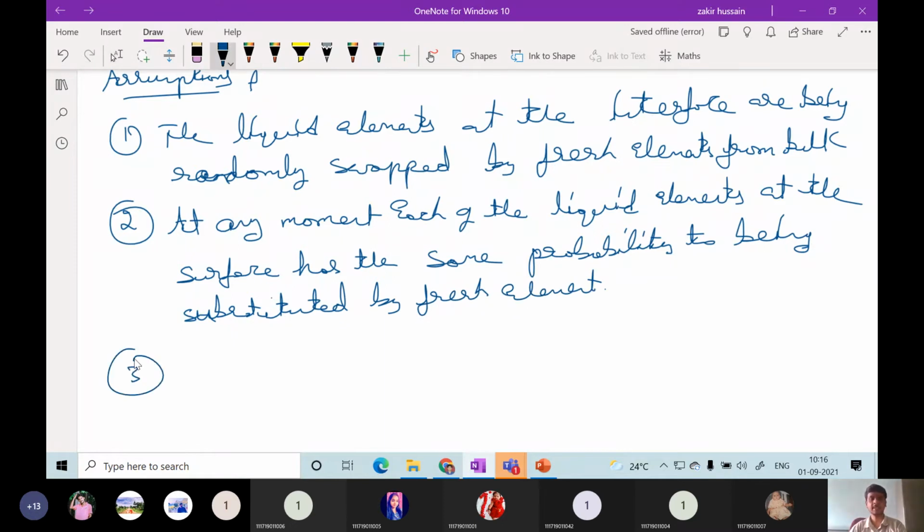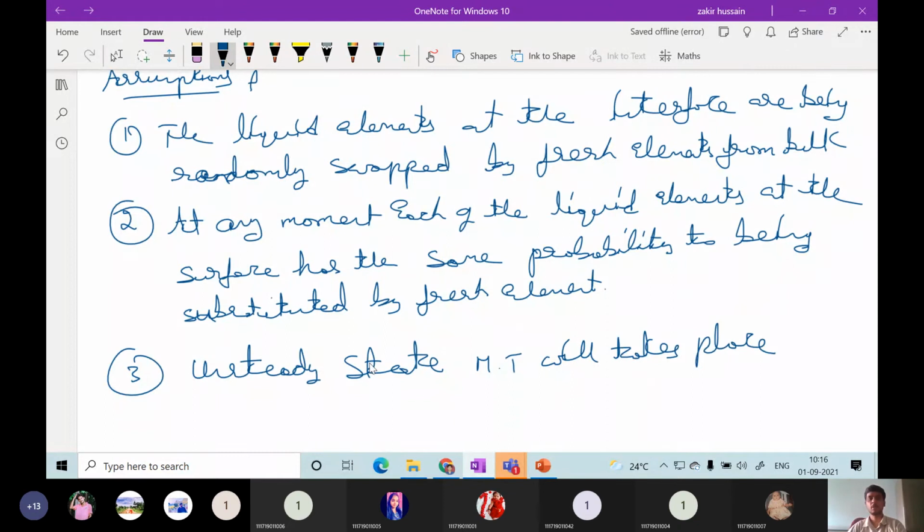And third, unsteady state mass transfer will take place. So this theory is also an unsteady state mass transfer theory. The penetration theory and surface renewal theory, both are unsteady state theories, whereas film theory is a steady state theory.